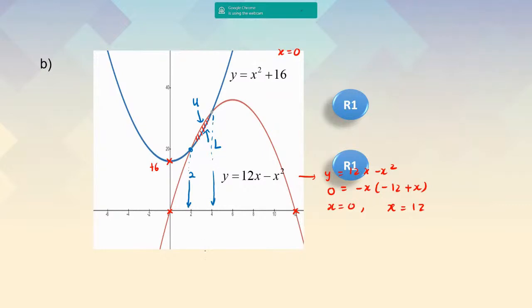Okay, which means when you want to find the area, you need to integrate from x equal to 2 to 4. And then your upper function is 12x minus x squared minus your lower function, that is x squared plus 16, dx. Okay, so this will be our area.